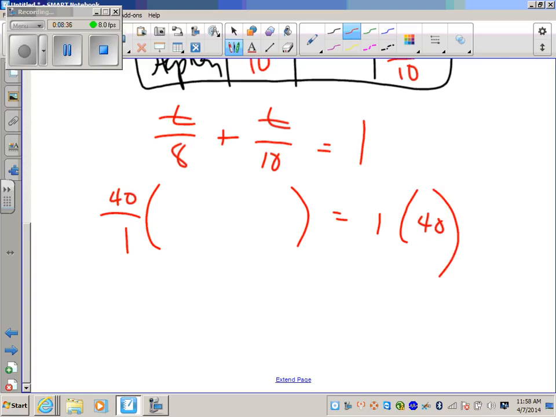So I'm going to multiply both sides by that 40. So T over 8 plus T over 10. Okay. 40 and 8 have 8 in common, 5.